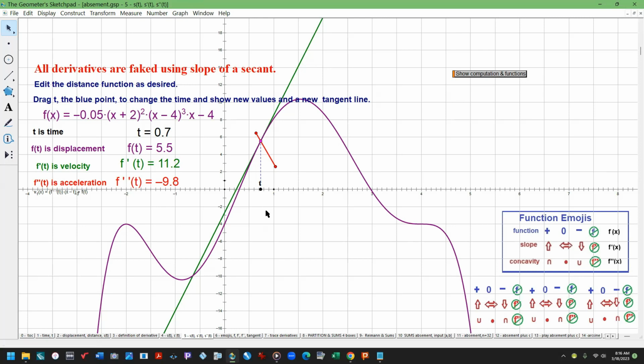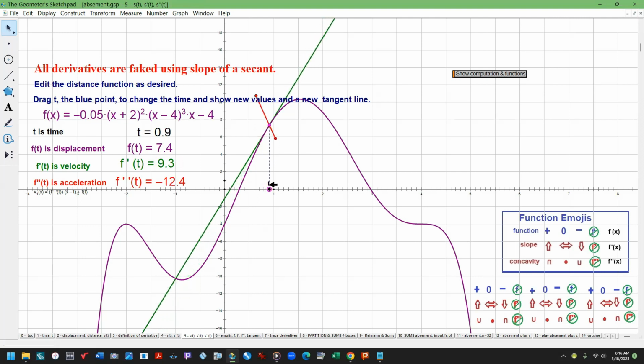So what's really nice with this picture is you can see that the tangent is the slope of the tangent, so the derivative is changing. It's still positive. The change in the change in the velocity is negative.